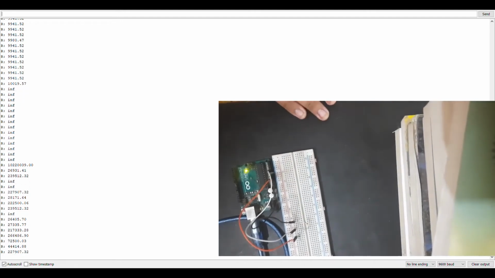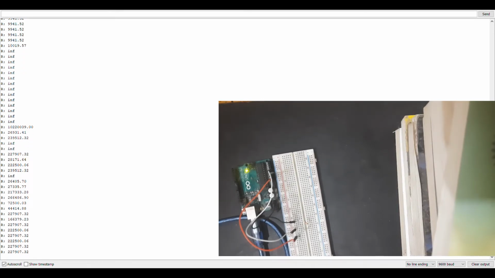So as you can see, I have now successfully connected the resistor and the readings are almost around 220,000.